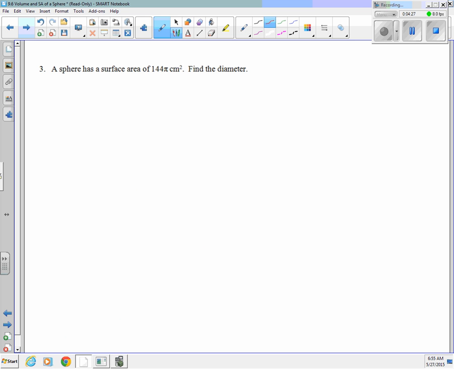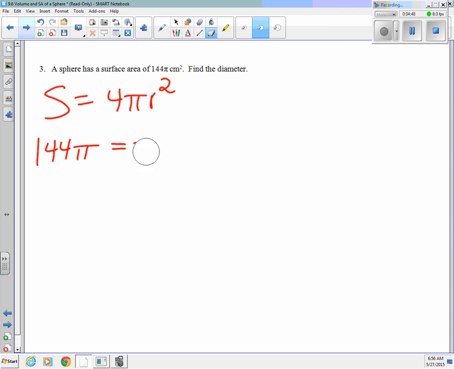Okay, a few more. So now we're interested in this question. A sphere has a surface area of 144 pi centimeters squared, and I'd like to find the diameter. So obviously I'm going to write my surface area formula out, my 4 pi r squared, and my surface area is 144 pi. Oops, sorry, 144 pi, and that equals 4 pi r squared. And hopefully you see that this is an equation with the radius as the only variable.